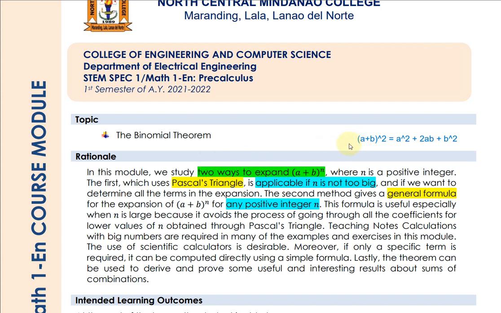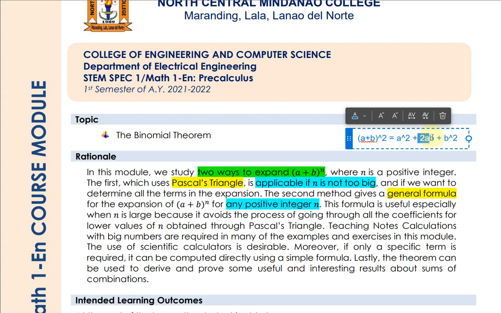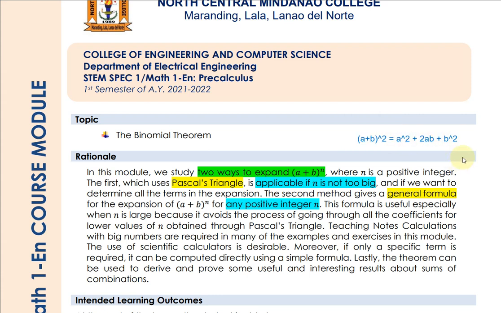First is by using Pascal's triangle. This Pascal's triangle is only applicable if our n, or the power here, is not too big. If we are going to determine all the terms in the expansion, just like a squared, this is the second term, and this is the third term.